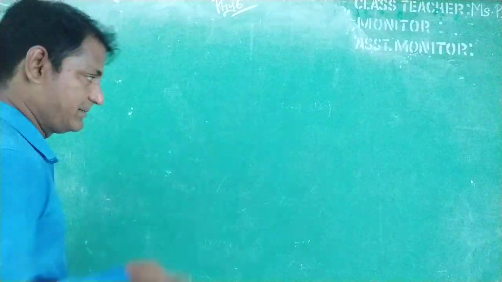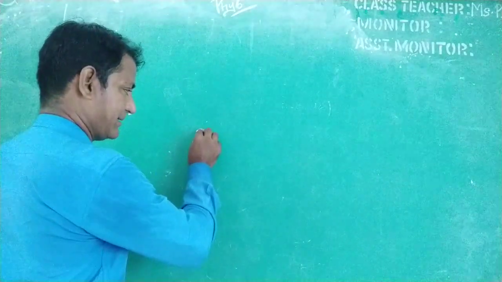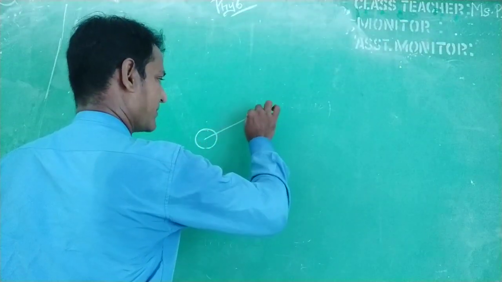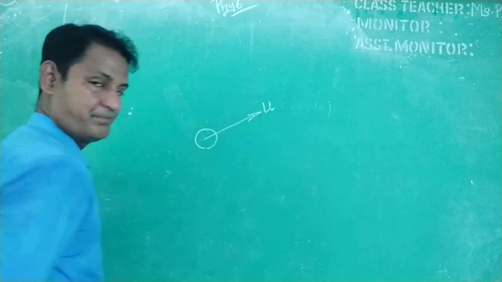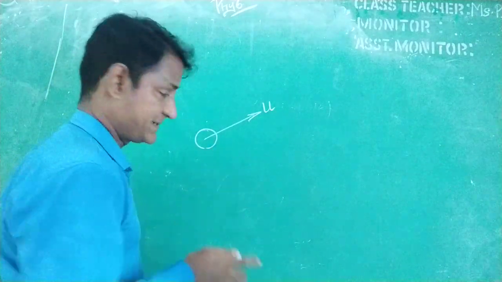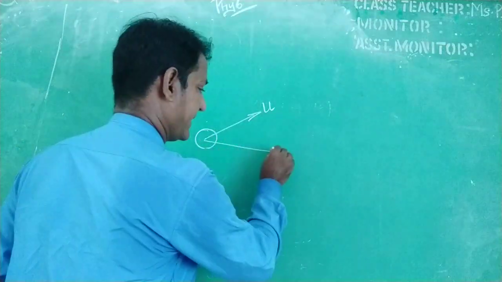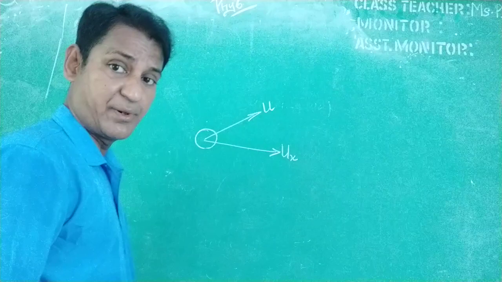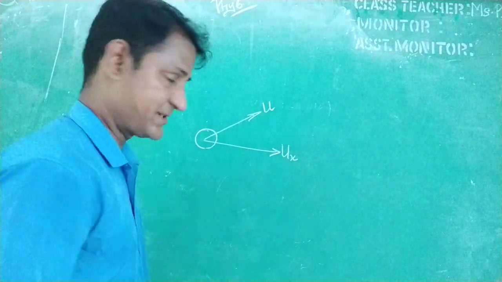Always remember, if this is the projectile and it is thrown with an initial velocity u, this velocity will have two components. One will be along the horizontal direction, called the horizontal component of velocity, or horizontal velocity.